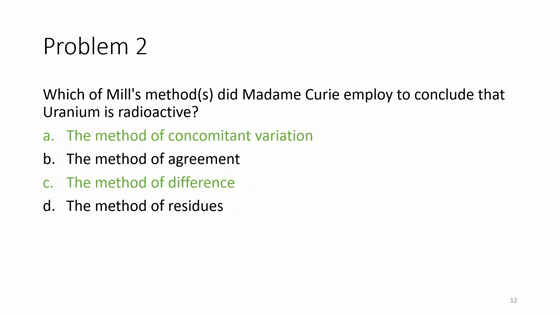But if you have more than two test points, as per that video discussed in week one, she tested various materials which have low, high, medium. So there is variation in the content of the uranium. The test points are more than two definitely. That is why it is considered the method of concomitant variation.